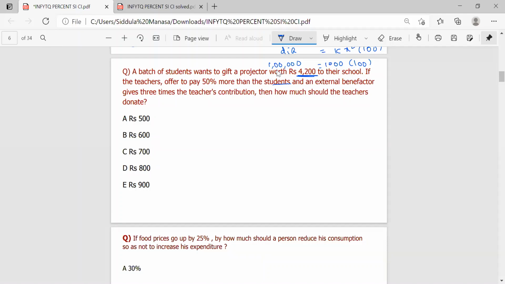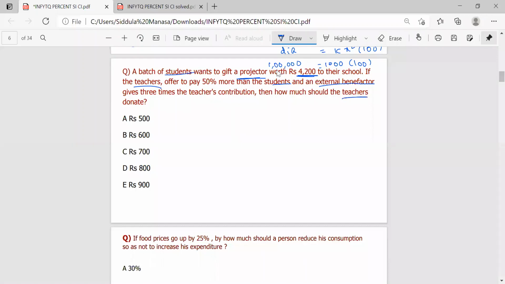So here the projector contribution 4,200 is now taken from students and teachers as well as an external benefactor. So these 3 people together are contributing for the gifting of a projector.